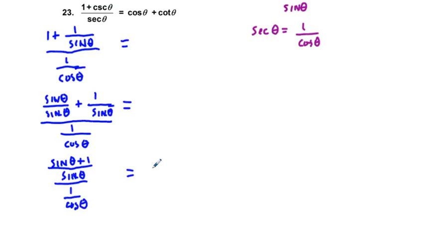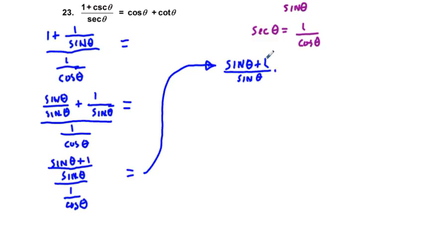So now what we're going to do is go to the upper right just to make some room to work below. And we're going to take this sine theta plus 1 over sine theta divided by 1 over cosine theta and rewrite that as sine theta plus 1 over sine theta.